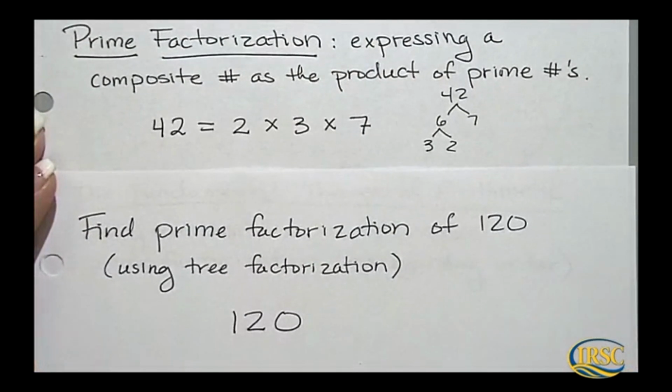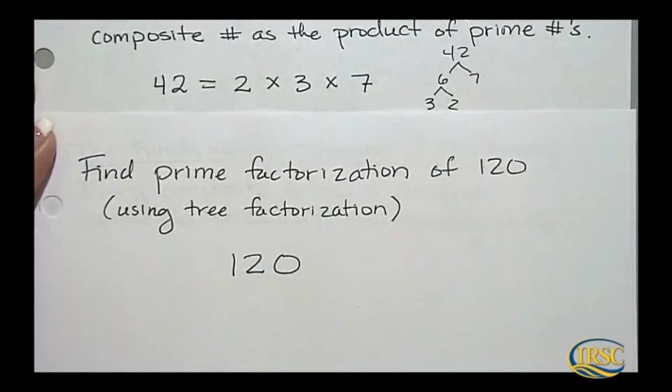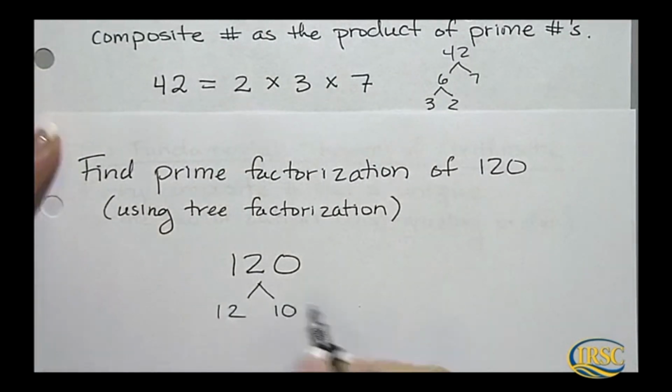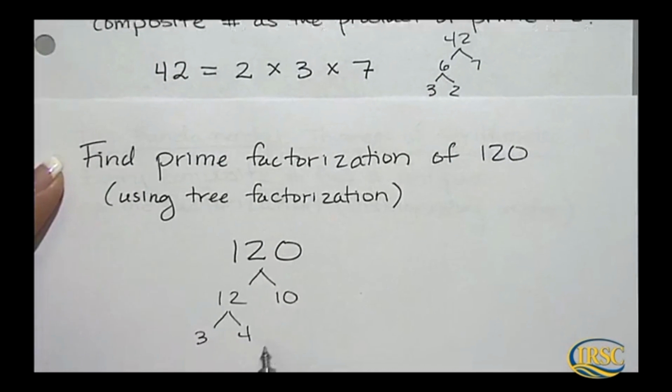So if we find the prime factorization of 120 using tree factorization, when it ends in 0, I tend to think of 10. It doesn't matter what two numbers you start with. You could start with a whole different group of numbers. But 12 times 10 equals 120. And then 12 is 3 times 4.